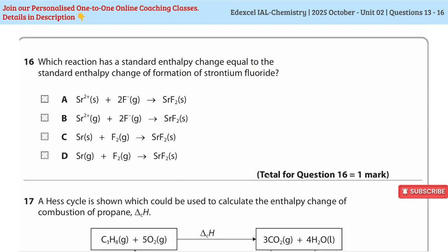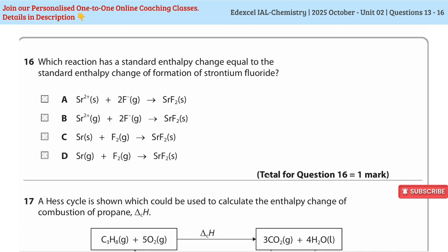Question 16. Which reaction has a standard enthalpy change equal to the standard enthalpy change of formation of strontium fluoride? What you should know to answer this question is what is meant by the standard enthalpy of formation.